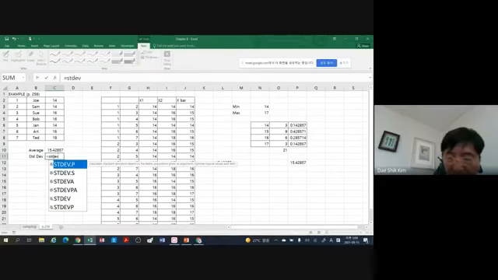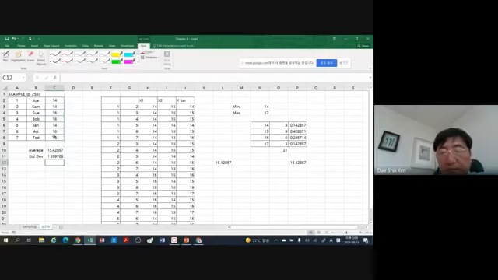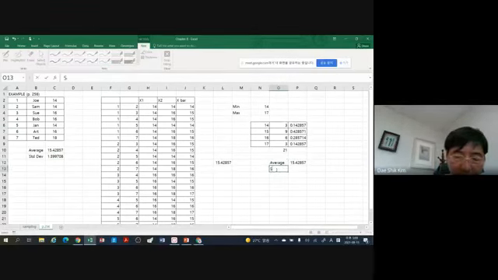But because this is the population, I need to choose .P, it must be used. Click this one. Population standard deviation 1.399. Here is the average sample mean and the standard deviation of sample mean. Standard deviation of sample mean, not sample.